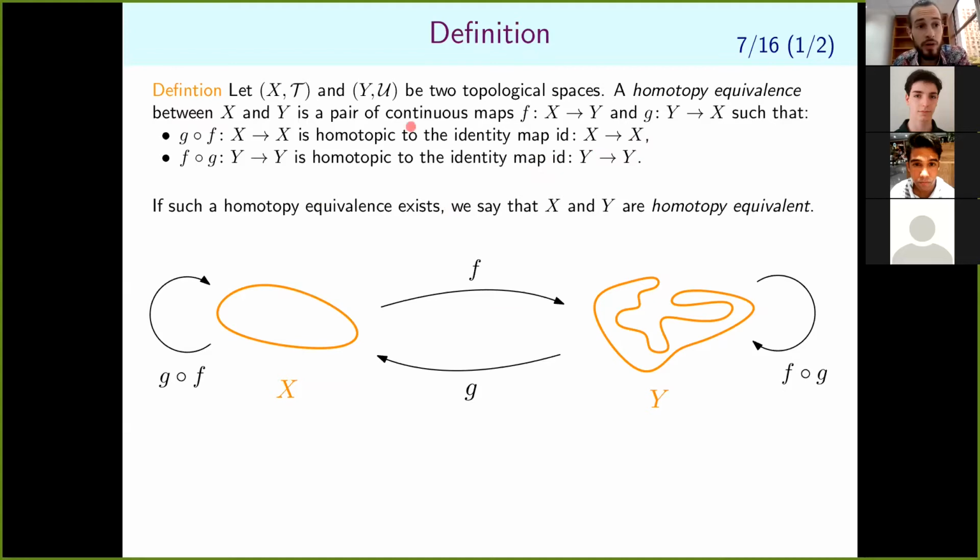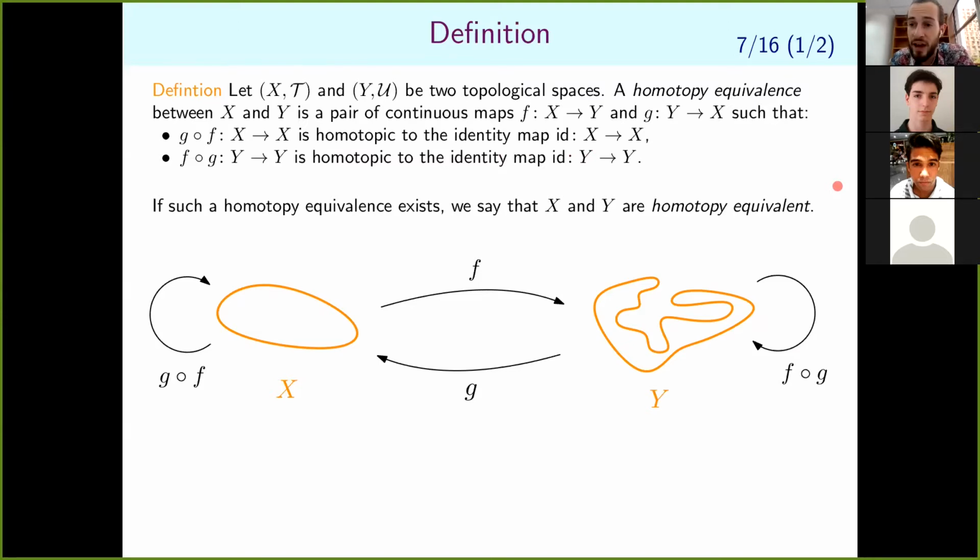And also the other composition, FG: I am in Y, I follow G and then I follow F, so this is a map from Y to Y. I want this map to be homotopic to the identity from Y to Y. All right, so this is the definition of a homotopy equivalence.